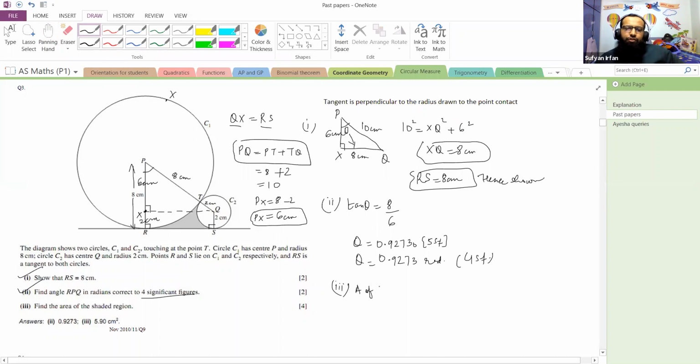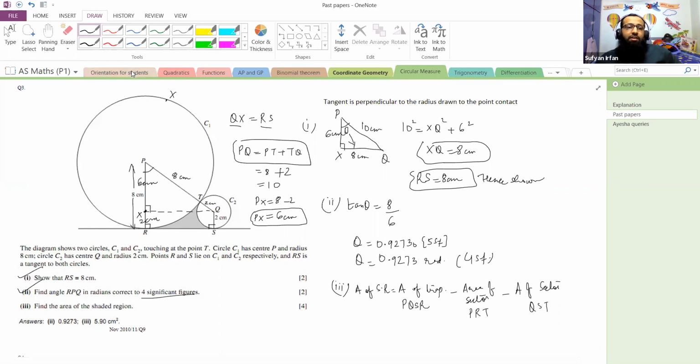Area of shaded region equals area of trapezium PQSR minus area of sector PRT minus area of sector QST, right? But for finding the area of the sector, the formula that we use is half r square theta.